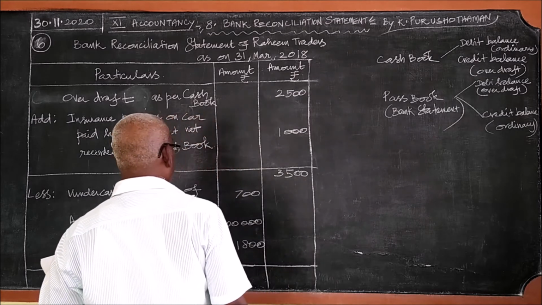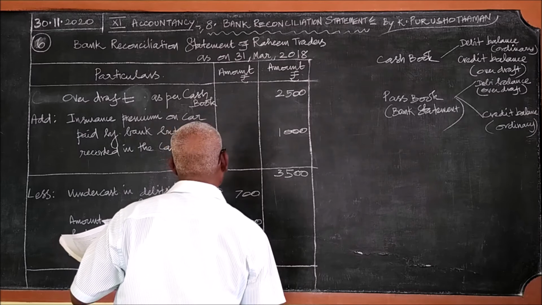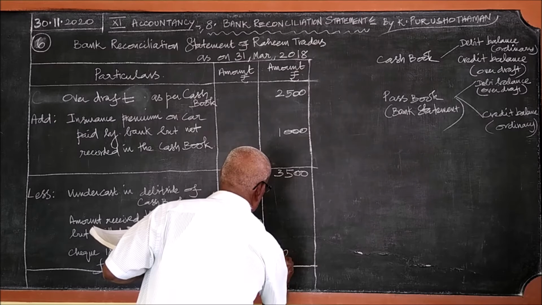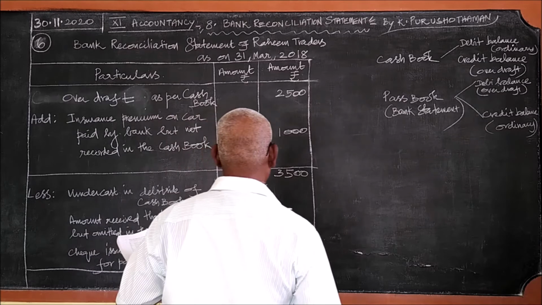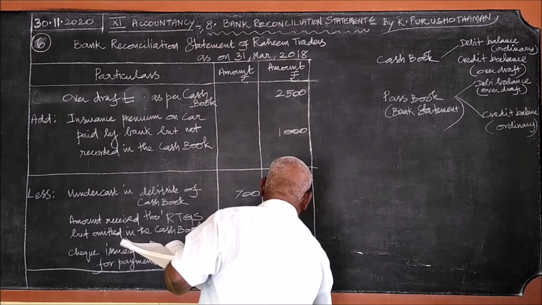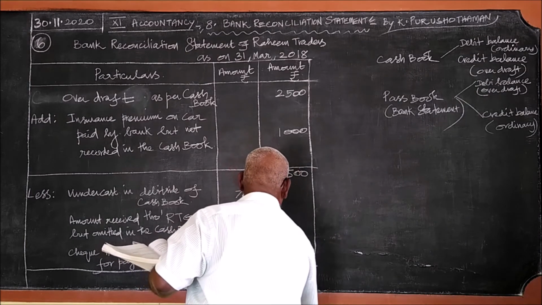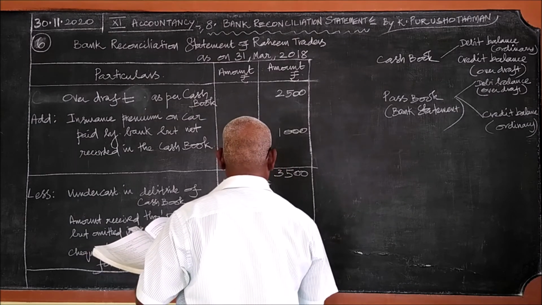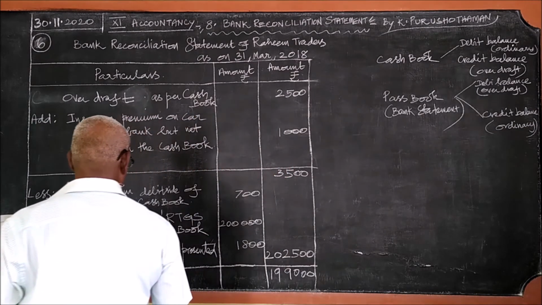So this is 2 lakhs 2,500. If you minus 39 and 19, we get 1,99,000.